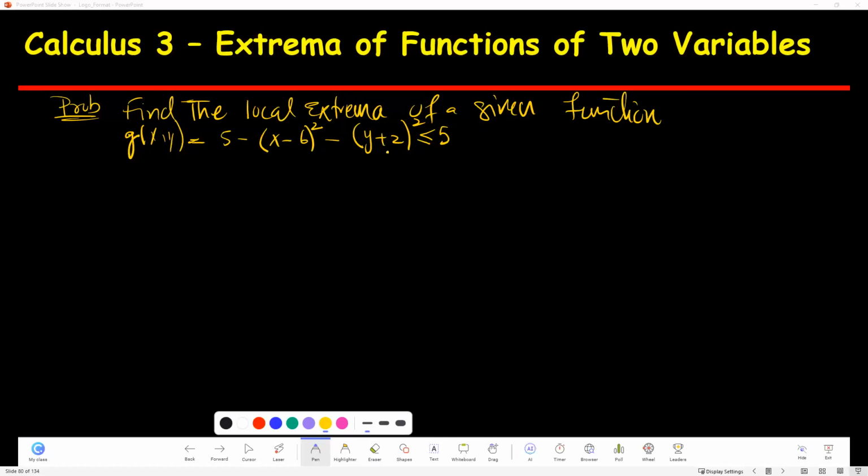This time the function is a little bit different. So what we're going to do is quickly check. Since we have limited time, we're going to use some shortcut steps. So I'm going to check my point.